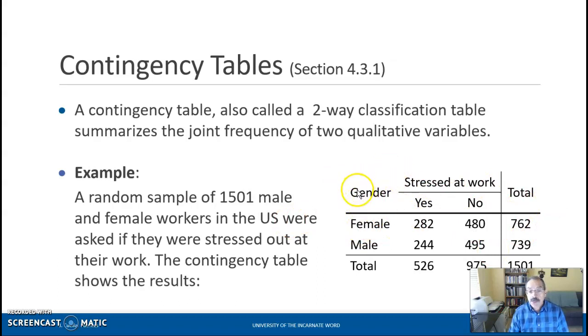So we have the first variable, gender, with two classes, female and male, and we have the stress at work variable with classes yes and no.